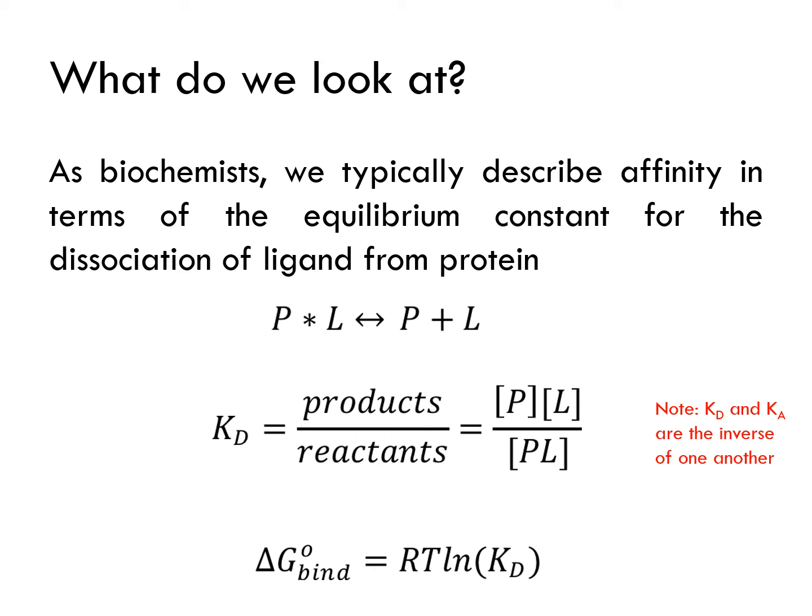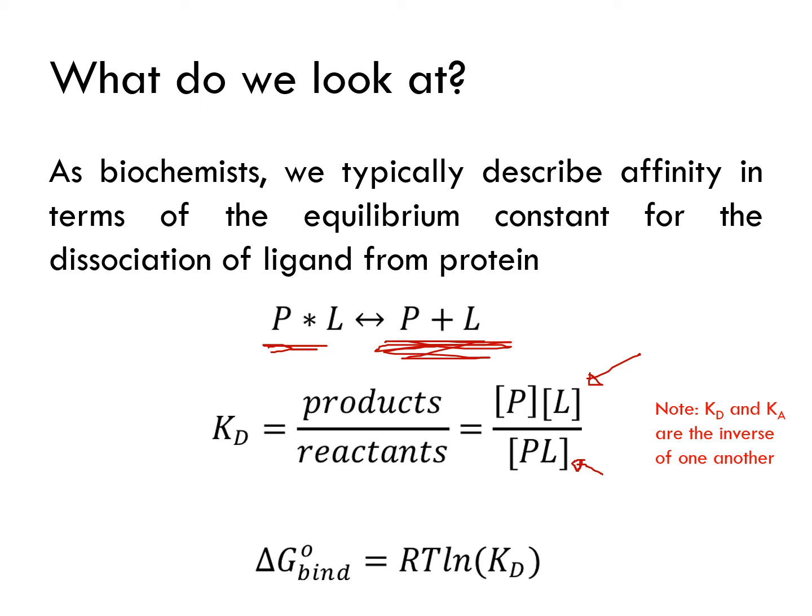So typically we look at the reaction as the complex and see how it falls apart because we care mostly about the dissociation. So for this, again, it's still products over reactants, but the position of products and reactants is flipped. Now our complex is in the denominator and our protein and ligand are in the numerator.